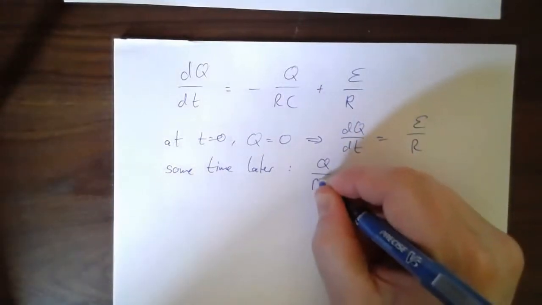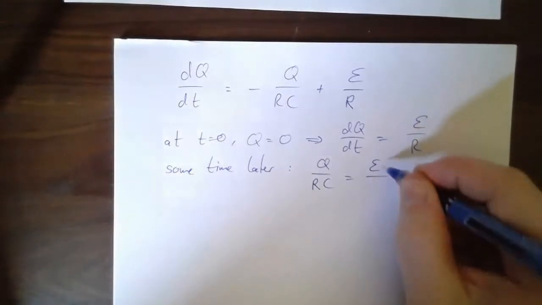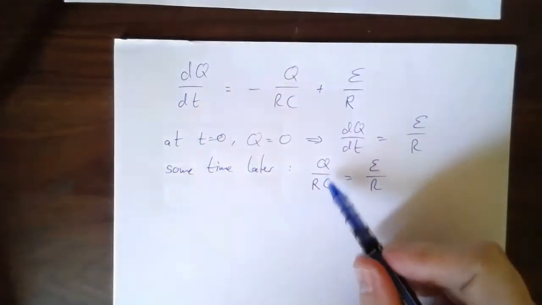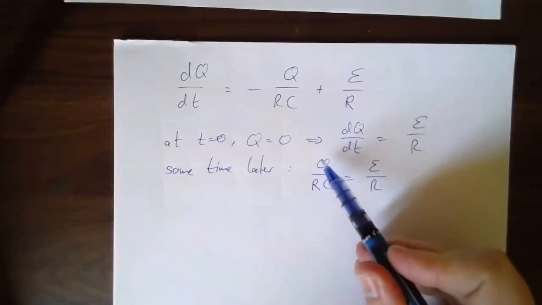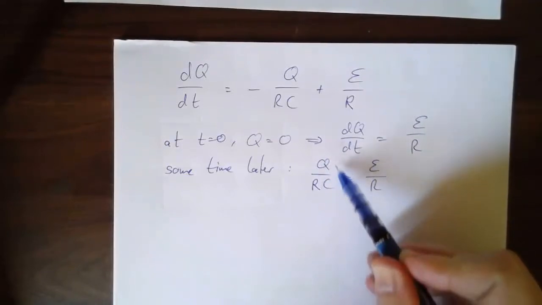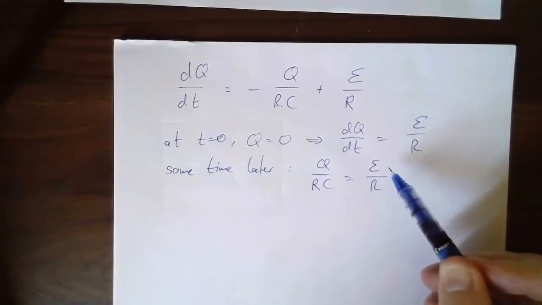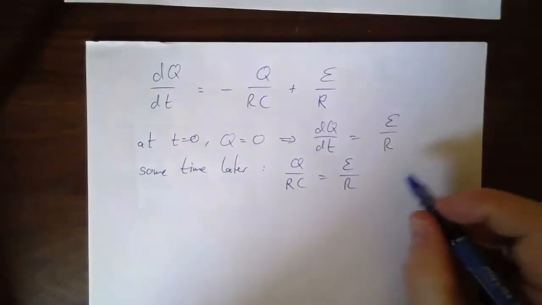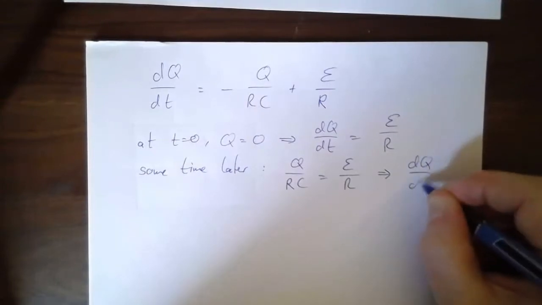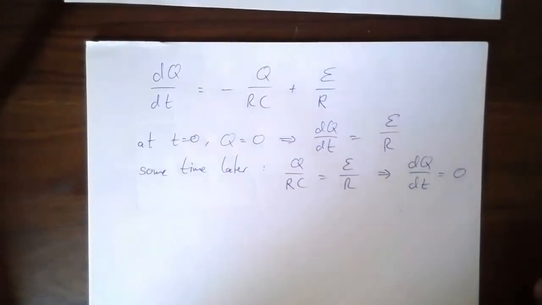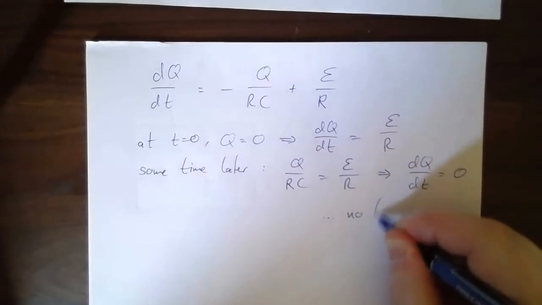You might find that Q over RC is the voltage of the battery divided by R. In other words, Q over C is the voltage of the battery. This just tells you that the voltage across the capacitor, Q over C, is equal to the voltage across the battery. So there's no more voltage across the resistor, and therefore no more charge. dQ/dt equals 0, so we get no further charge.